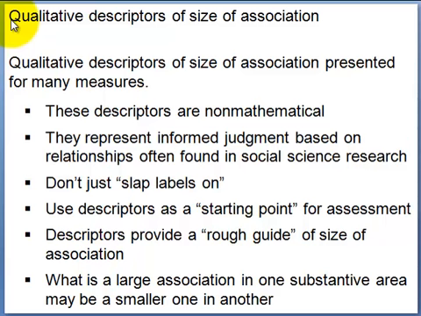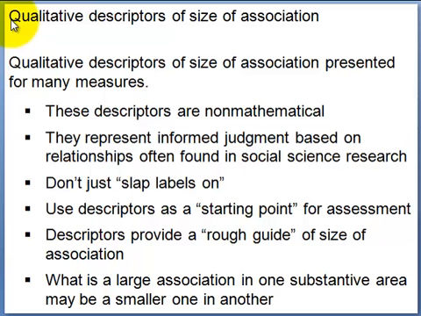The idea is that the author of that text would feel that what might be a large, medium, or small relationship in one substantive area might not be so in another. And they just simply think, I think, that the measures stand for themselves and that it's just not appropriate to put qualitative descriptors on. But I do indeed take the opposite perspective.